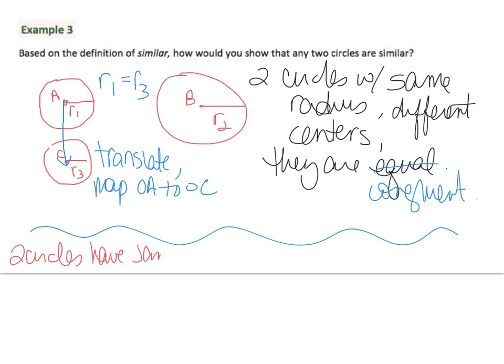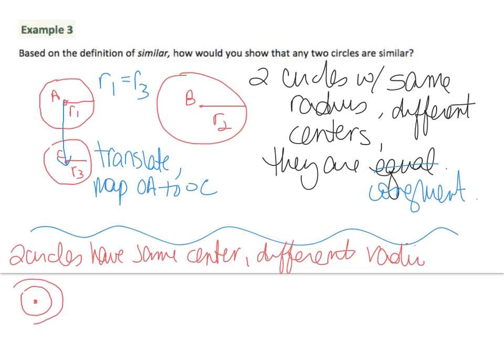Okay, if two circles have the same center, different radii, I can dilate them. So we have radius 1 and then I have radius 2. Let's say circle D has radius 1 and circle E has radius 2.